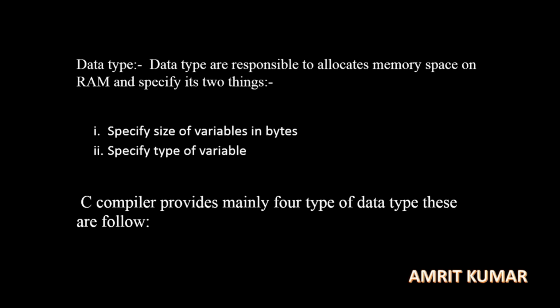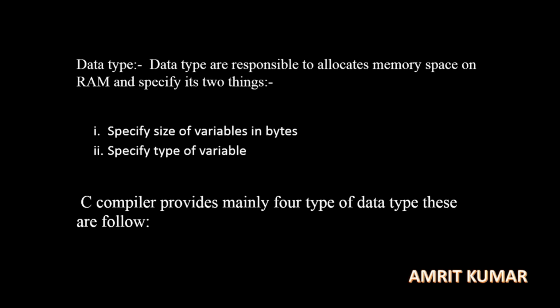If we learn about data types, we will learn that they are responsible for allocating memory space on RAM, because whatever we process in the C language, whatever value we give, goes into the RAM, and the RAM allocates some space for that particular program.